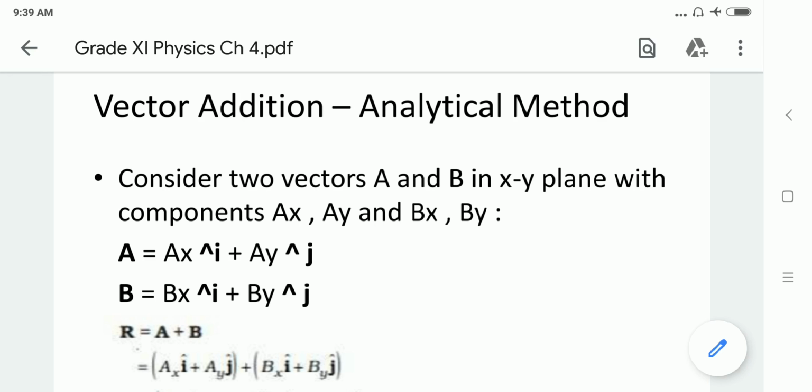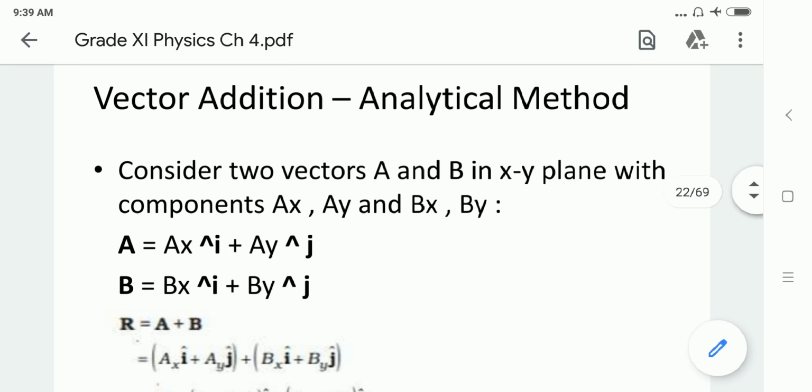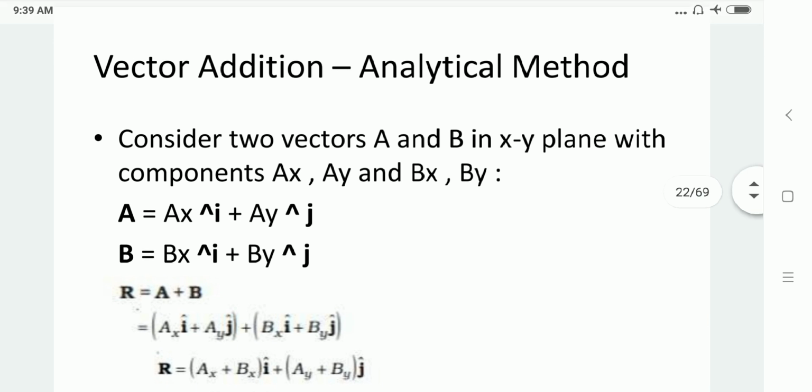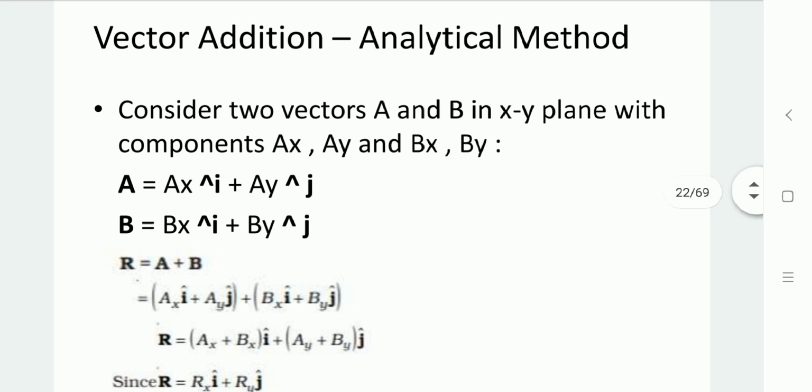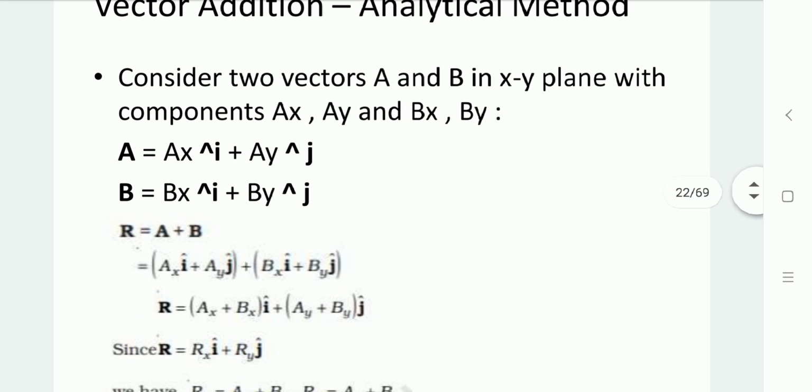So the resultant vector after the addition operation is equal to A plus B. So substitute the vector values of A and B: ax i plus ay j plus bx i plus by j.